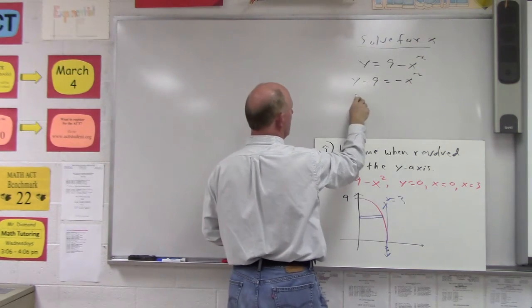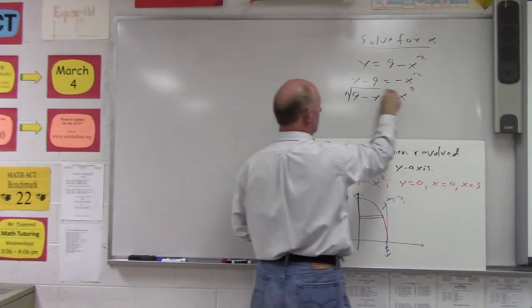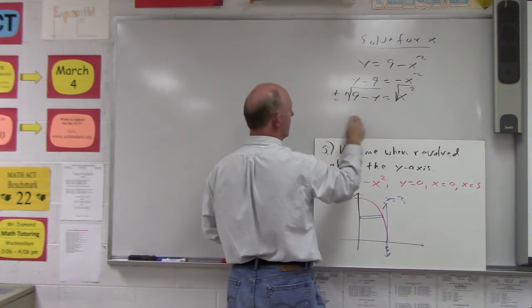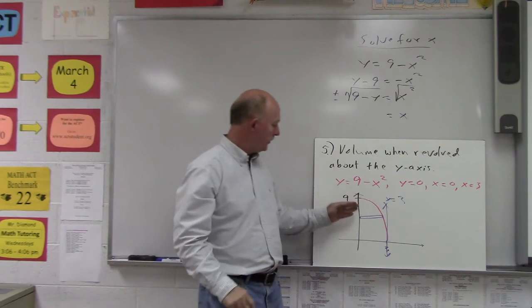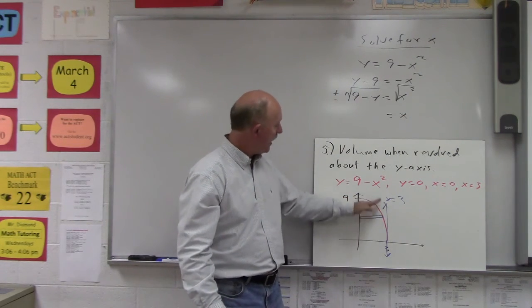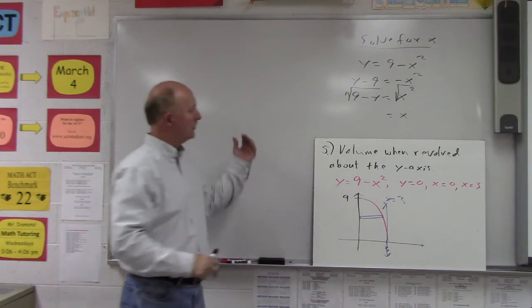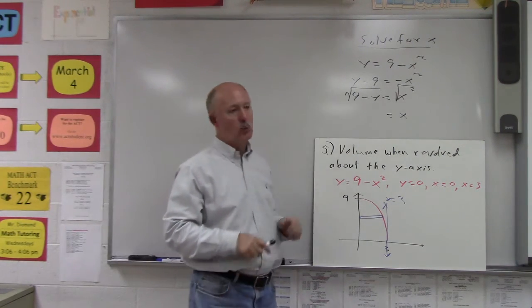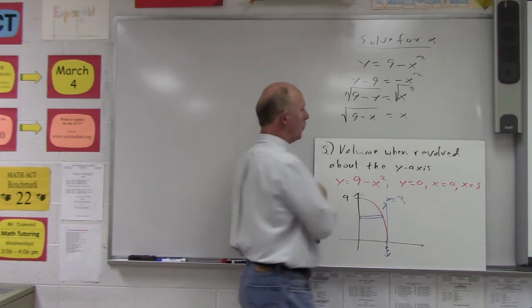Change the signs: 9 minus y equals positive x squared. Take the square root of both sides, plus or minus, equals x. This region is all positive, so we don't need the negative. This would just be the positive square root of 9 minus y.